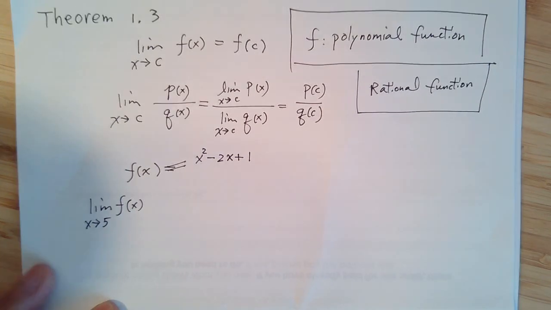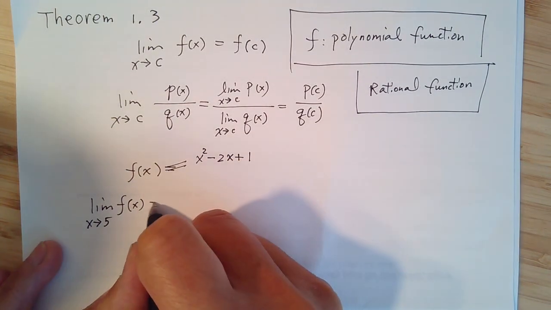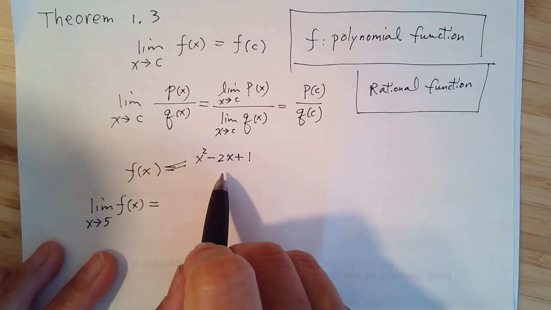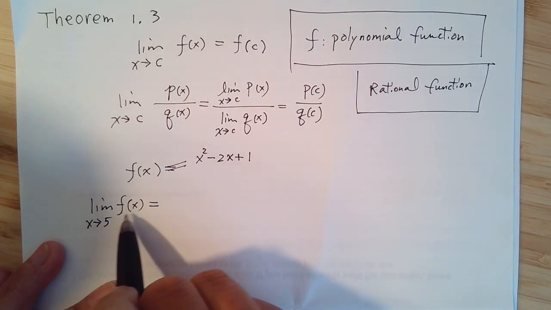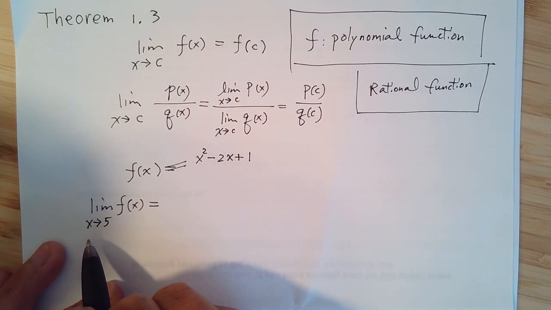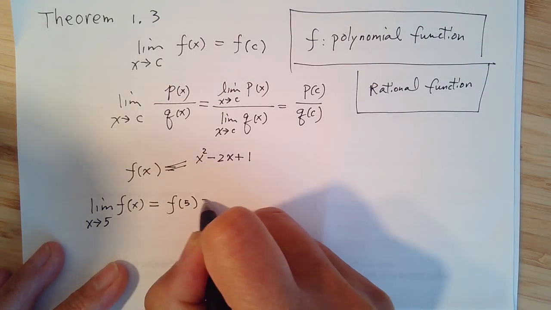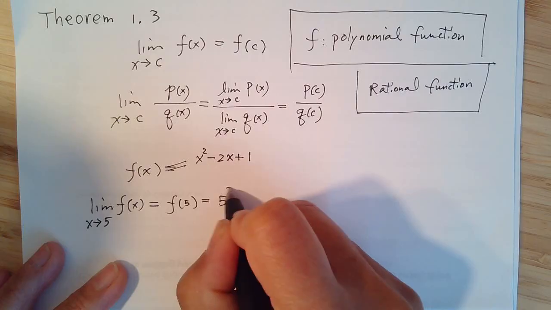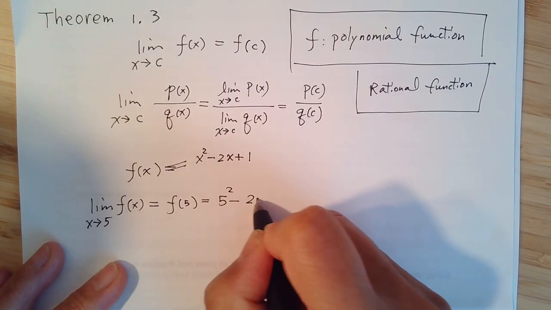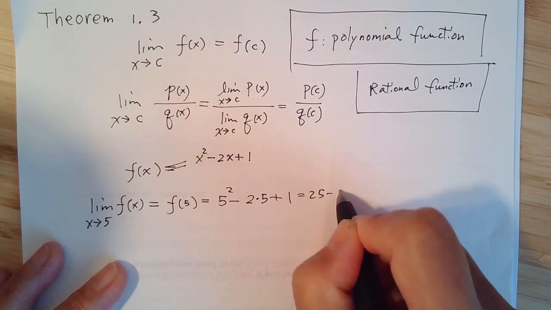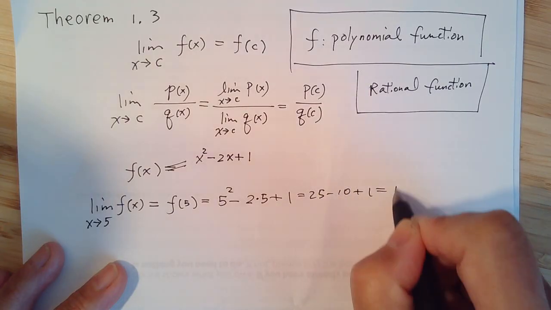I like 5 a lot, don't I? f of x is a polynomial function, so the limit of f of x as x approaches 5 just equals f of 5. Therefore, it's 5 squared minus 2 times 5 plus 1, which is 25 minus 10 plus 1. So my answer is 16.